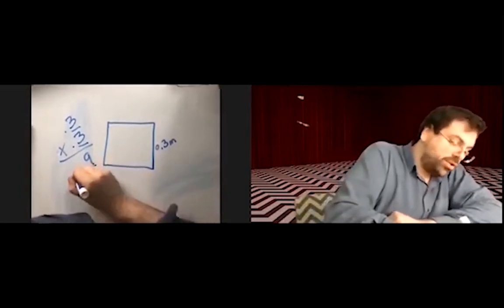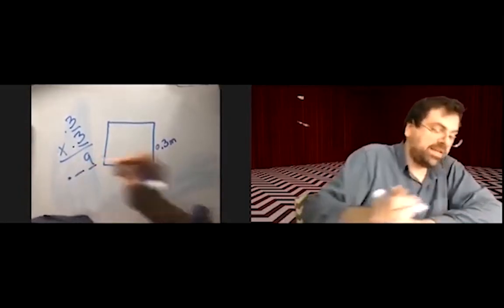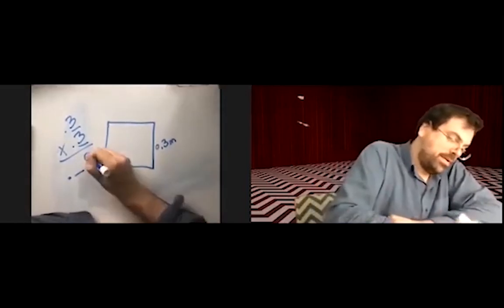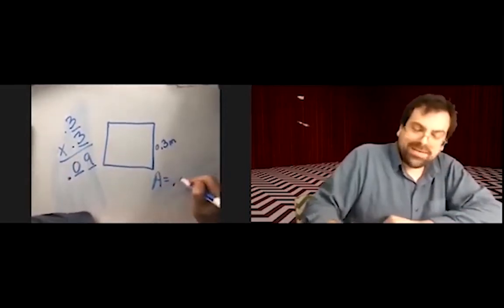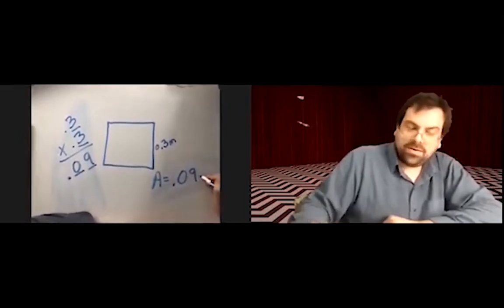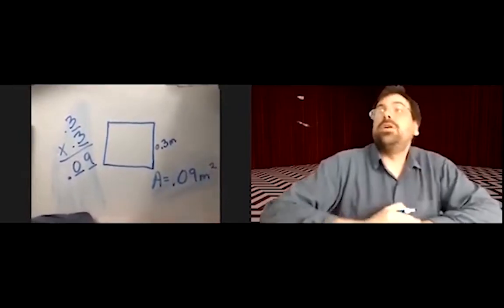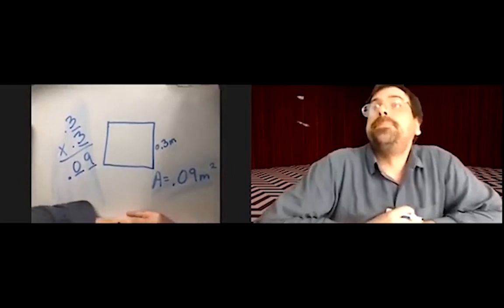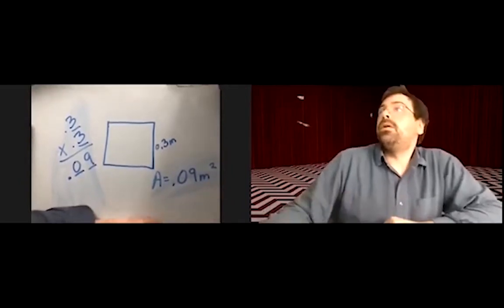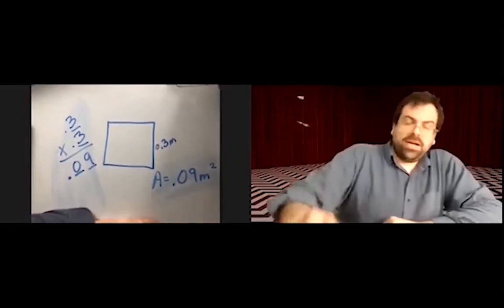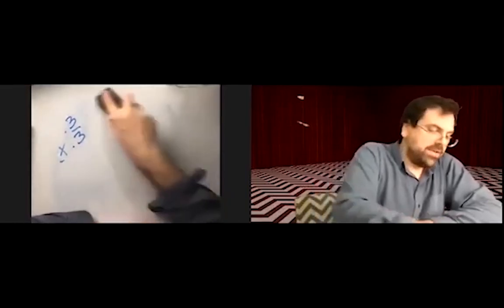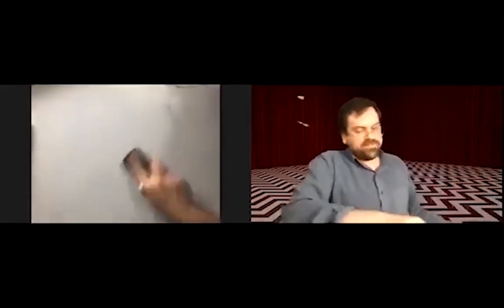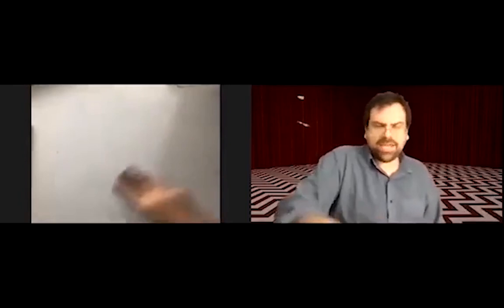So 1, 2 spaces have to be there. So the area would be 0.09 square meters. So for the area of a rectangle, you do length times width. And then if it's a square, that becomes side squared, but it's still length times width.